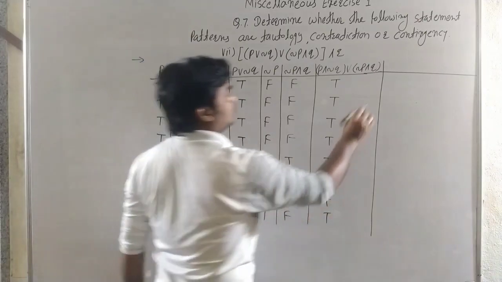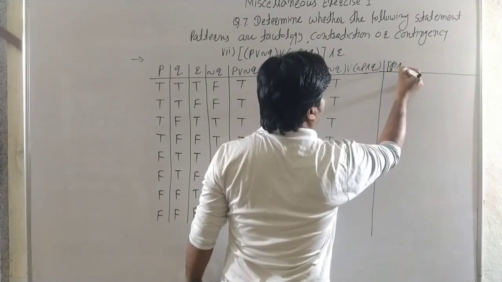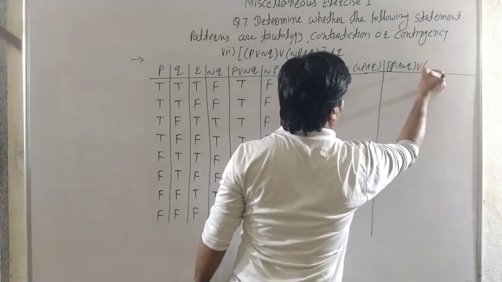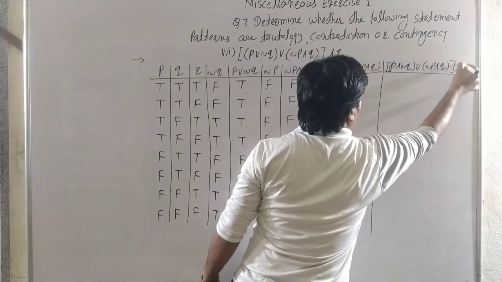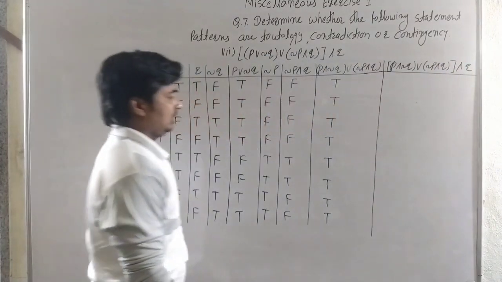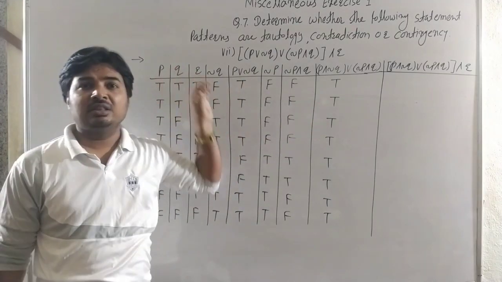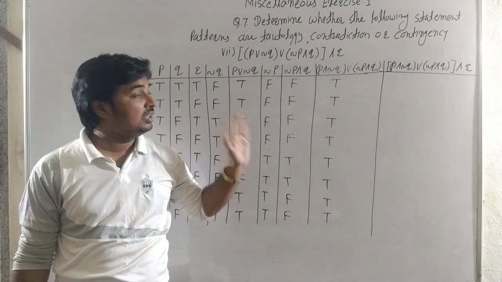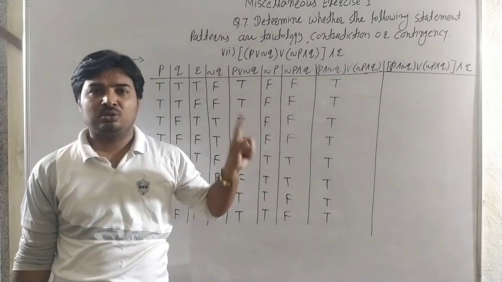Now last, (P or negation Q or negation P and Q) and R. That means the AND of this statement with R. In the AND, when both are true, then the truth value is true.